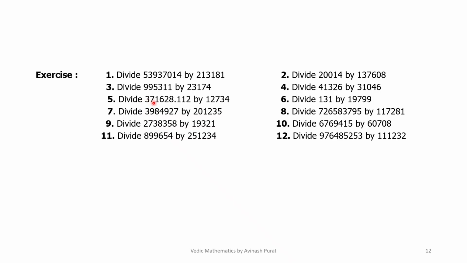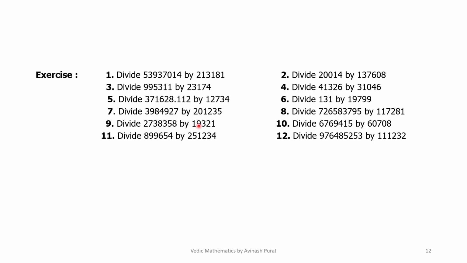Fifth, divide 371628.112 by 12734. Sixth, divide 131 by 19799. Seventh, divide 3984927 by 201235. Eighth, divide 72658375 by 117281.